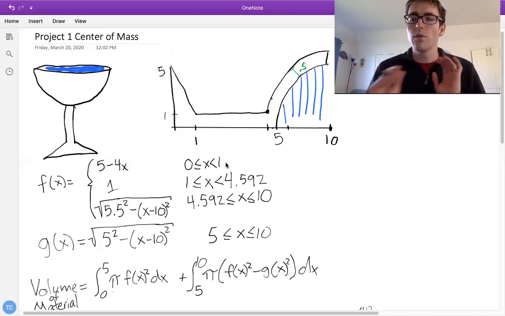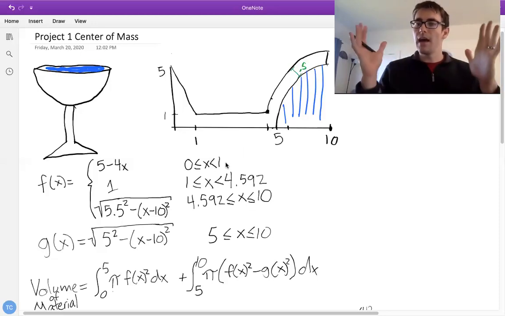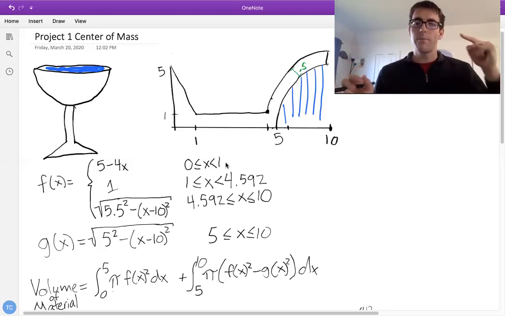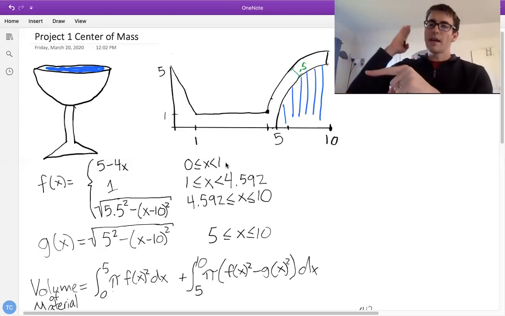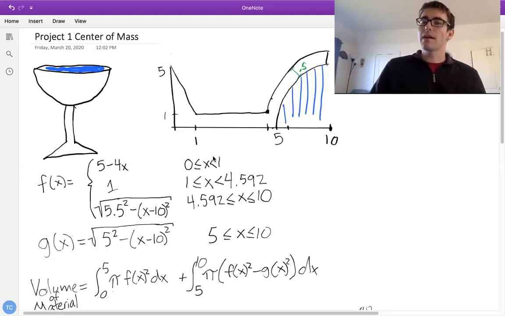If all we wanted to know was the volume of this, which is a piece that you need to know, we want to integrate between 0 and 10 of all of the cross-sectional areas. So we're picking our direction, and we're looking at slices perpendicular to that direction. For the most part, those slices are going to look like circles, since we're rotating this region around the x-axis.